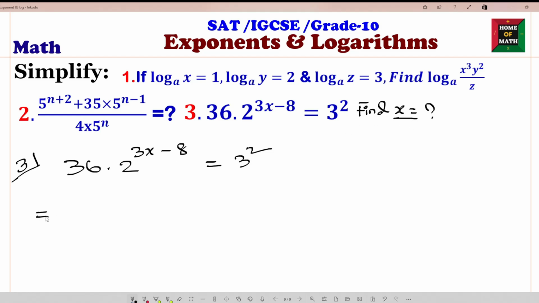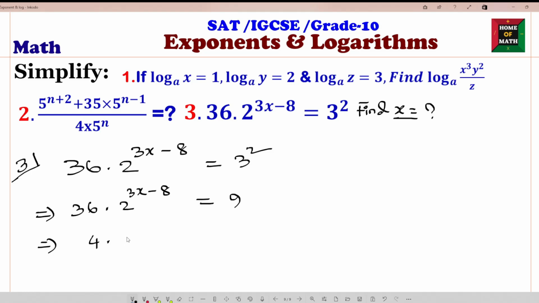So this one, 36 times 2 to the power 3x minus 8, and 3 squared means 9. So we can divide both sides by 9. So here is what?